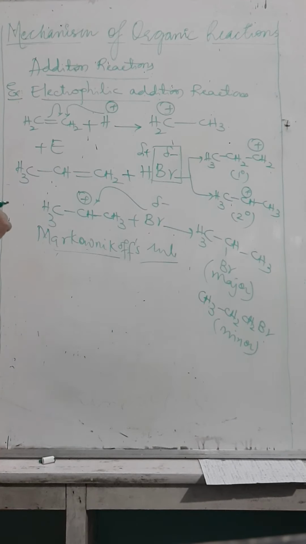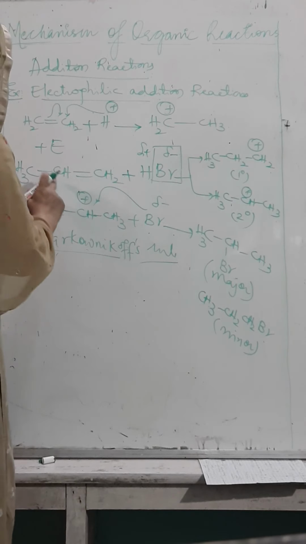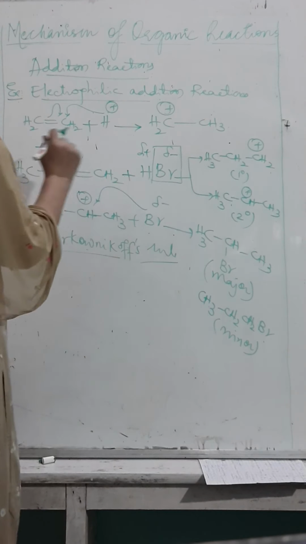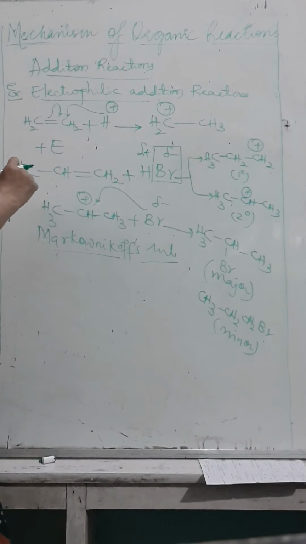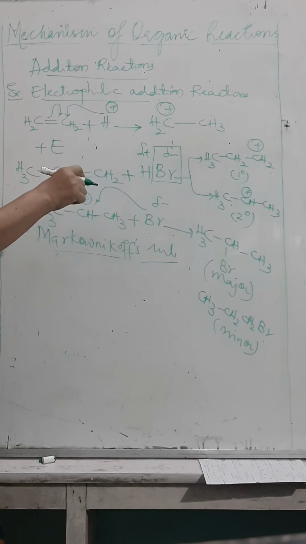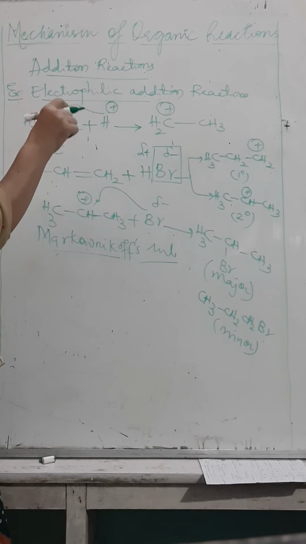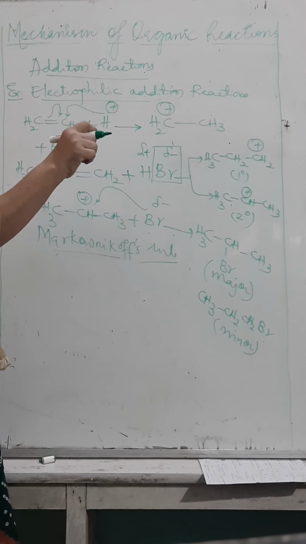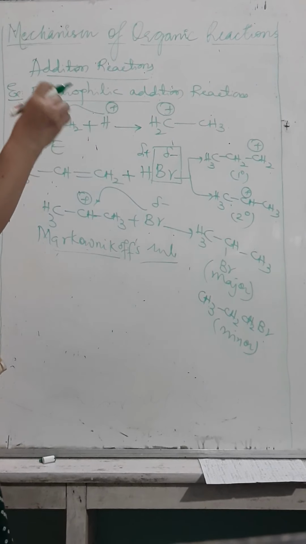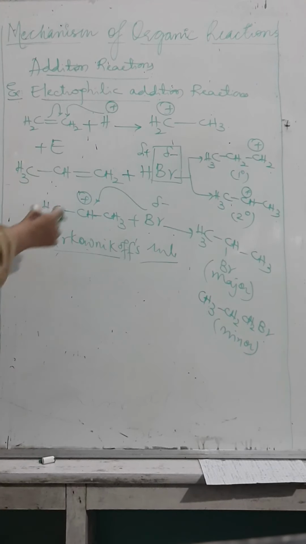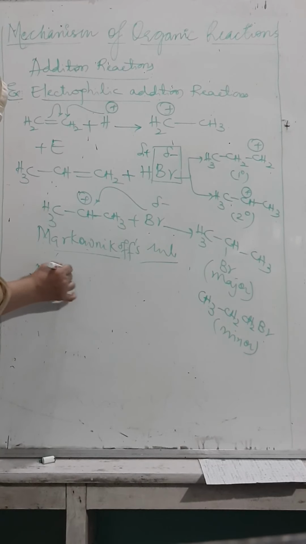And one more thing we need to remember: instead of heterolytic fission, where the cleavage into H plus and Br minus takes place, it may be homolytic, but that is in the presence of peroxide. We can use any peroxide, but usually the preferred one is benzoyl peroxide. That time we call it anti-Markovnikov's rule.